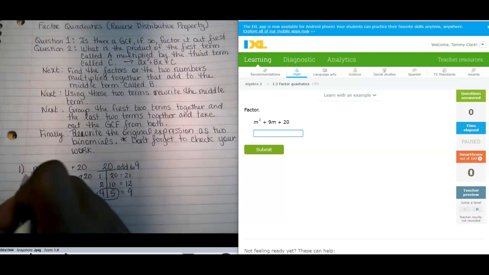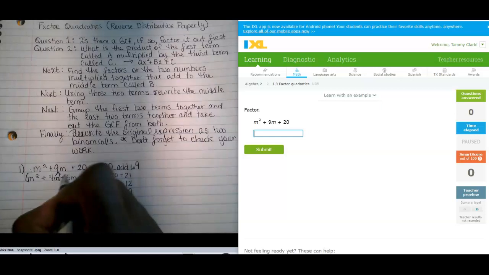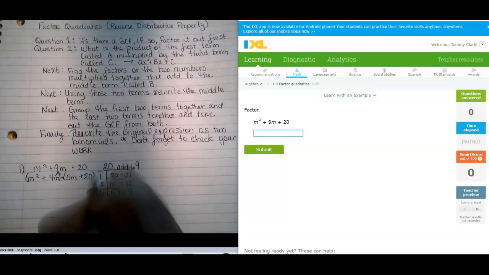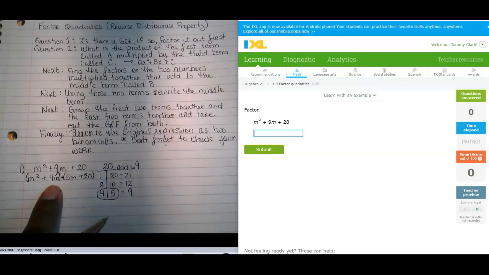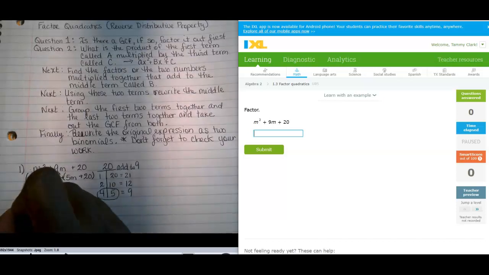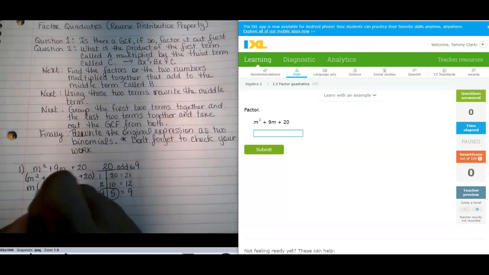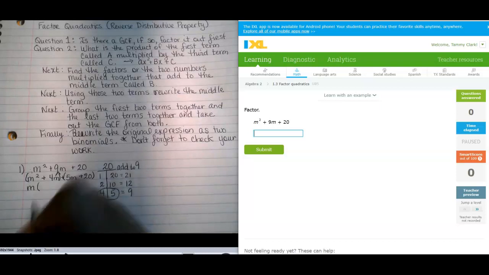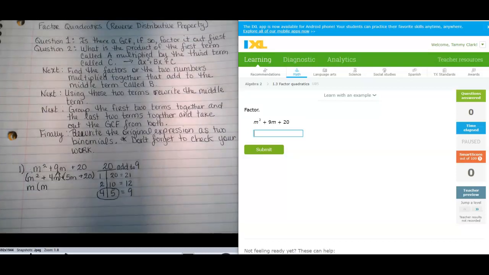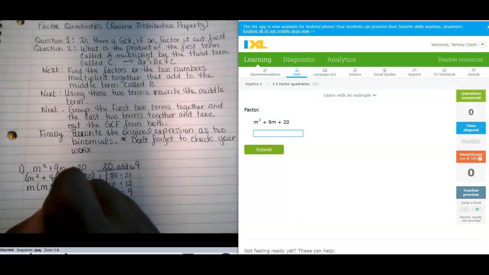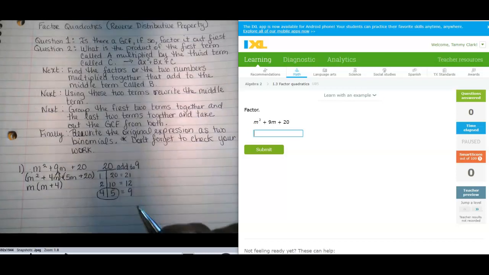My next step is to group the first two terms and then group the last two terms. And I'm going to take out a common factor here. My common factor is m, because m appears in both terms. When I do that, I say m divided into m squared. Well, we know that m squared comes from m times m. If I take one m out, all I have left is an m. And then 4m divided by m just leaves us 4.